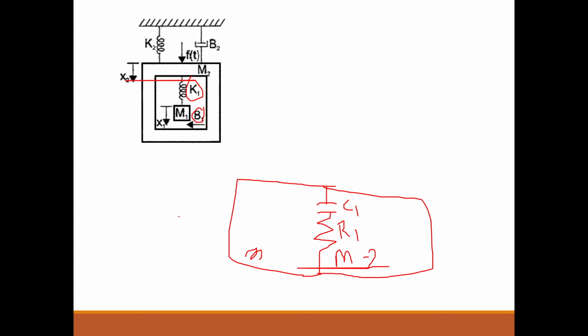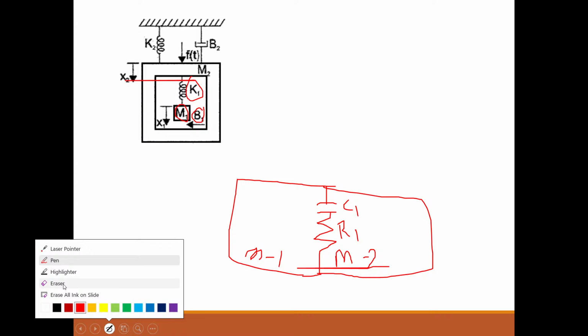Now, what are all the elements that are connected to mesh 1? This is mesh 1. Only one element, that is M1. What is M1? M1 is L1. You can mention in the chat box if you are able to follow. So only M1 is connected to mesh 1, that is to mass 1.